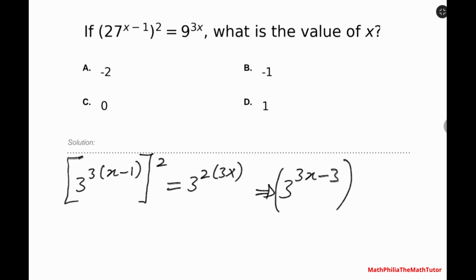Again, we bring our bracket and then the power 2. This is equal to, let's multiply this together. We have 3 raised to the power of 2 times 3x is 6x.